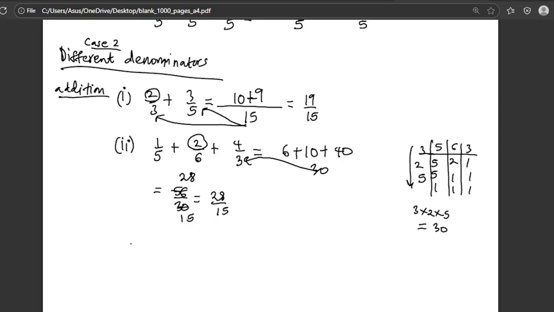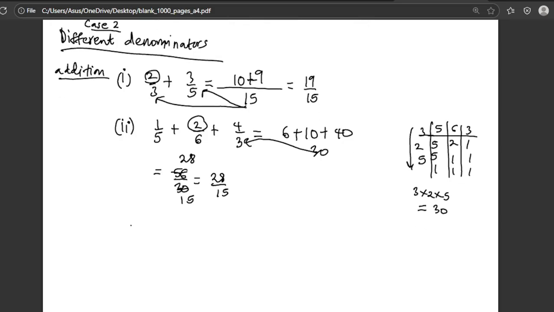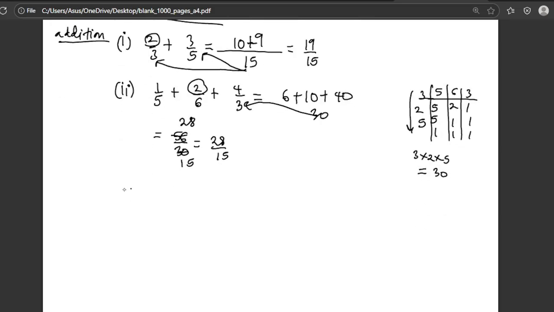Let's now look at subtraction of fractions. Subtract 2 over 3 minus 2 over 5.